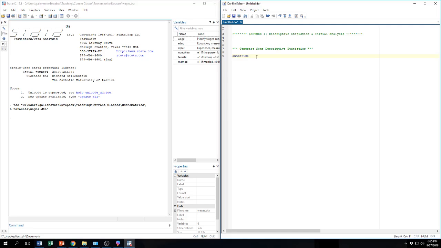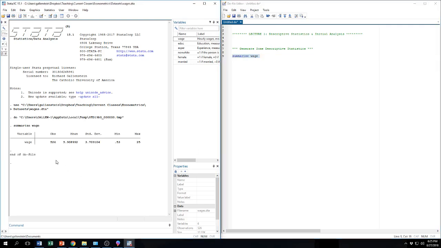What's the standard deviation? How are the wages distributed? So let's look. Summarize wage. I'm going to highlight this, click it, and there we go. We've got our output here.